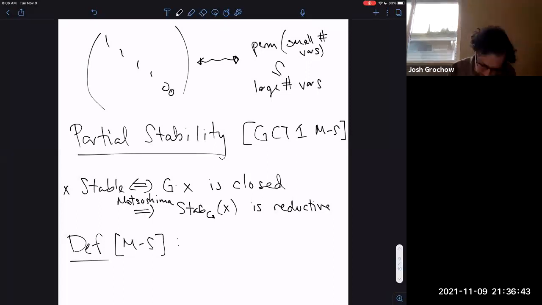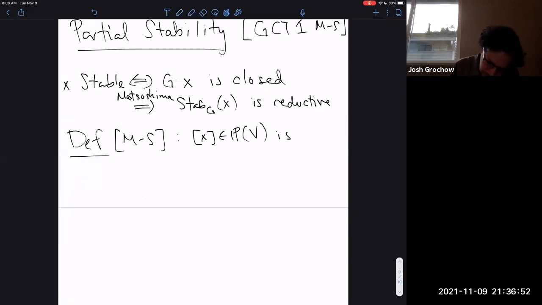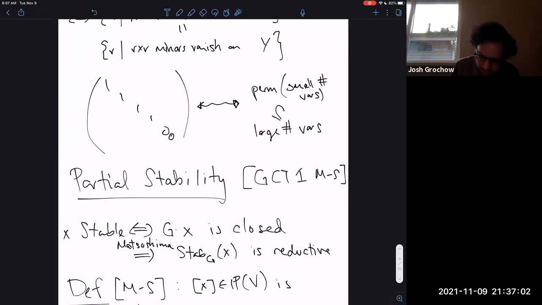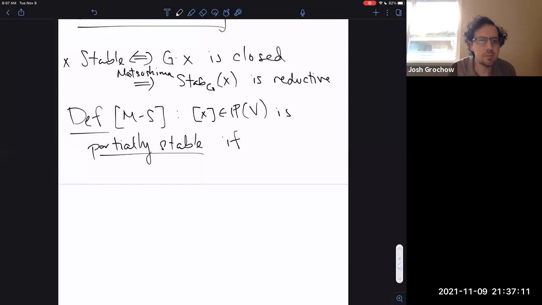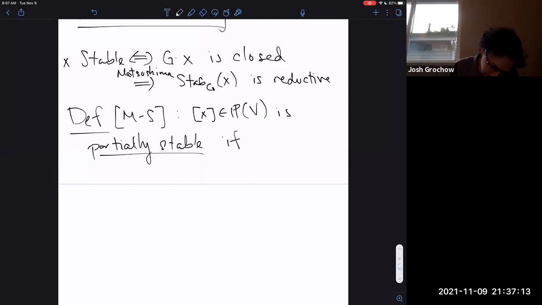Okay, so we say a point in projective space is partially stable. And remember, these are the examples to keep in mind, in particular this one, but we'll see also this one. So it's partially stable if three things.